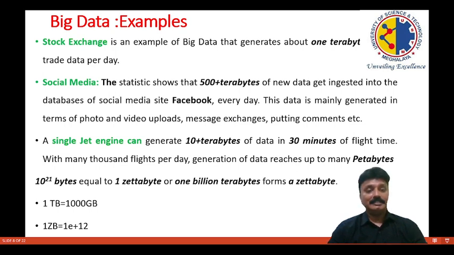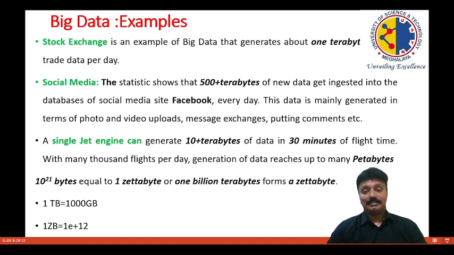Then the third example is a single jet engine. A jet engine generates 10 plus terabytes of data in 30 minutes of flight time. With many thousand flights per day, generation of data reaches up to many petabytes.